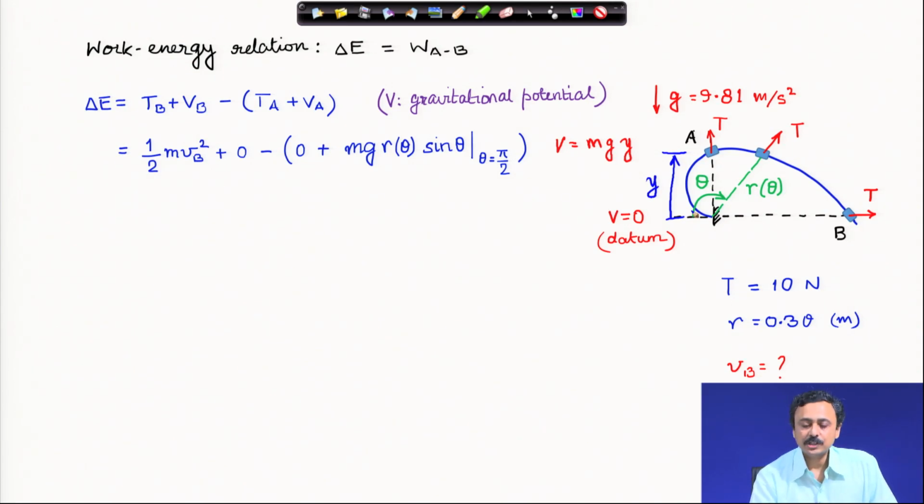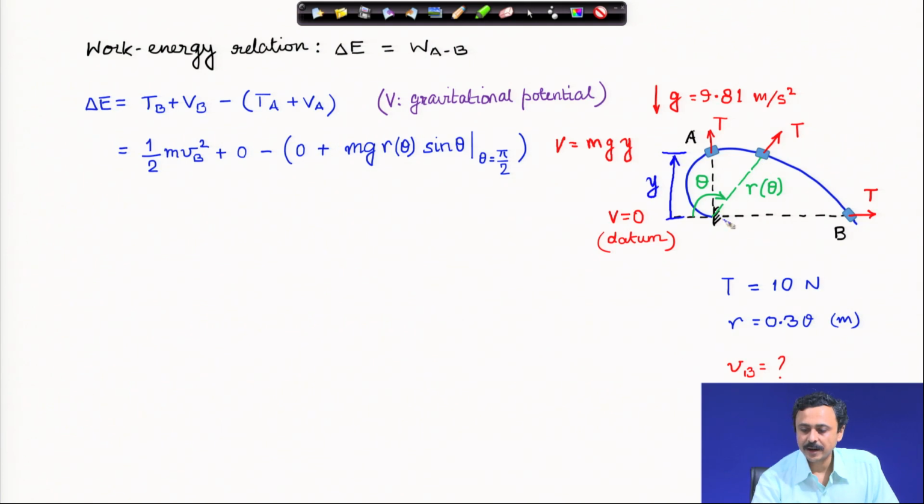The gravitational potential energy which we have derived is m g y, y measured from the datum. Now, how do I find that? In m g y, y must be equal to this radial line times sin theta.